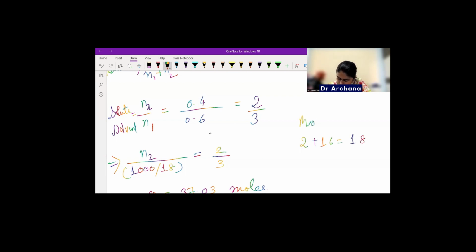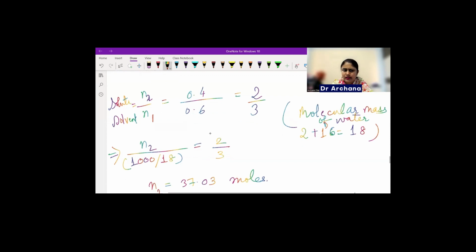That is the molecular mass of water. Plus we have to calculate molality in totality, so that will comprise 1000. The mass of solvent will be 1000, because generally in molality, the mass of the solvent is taken in kgs.